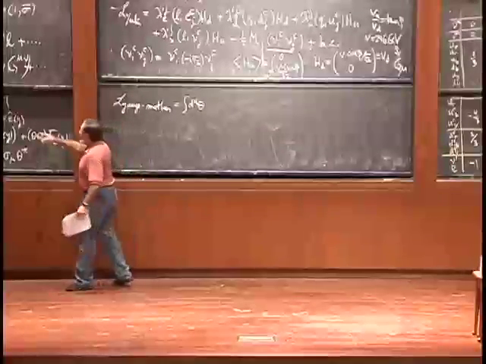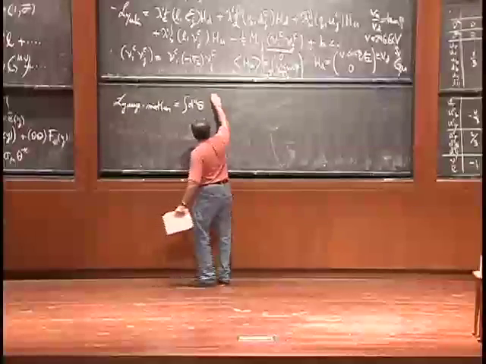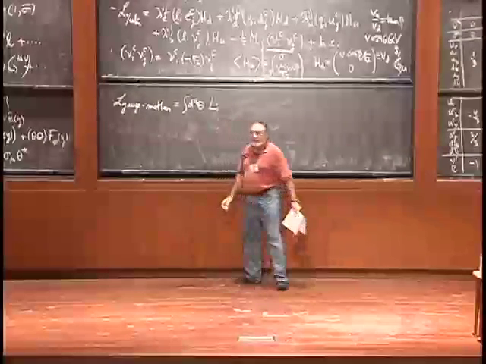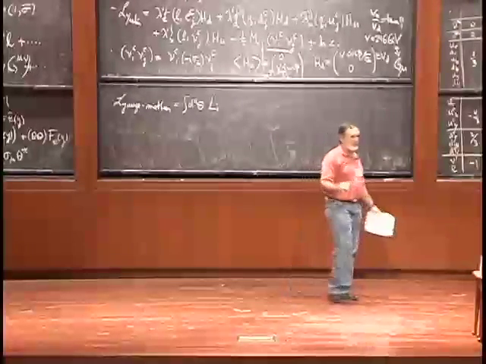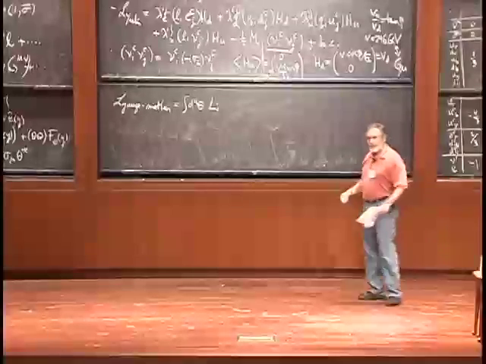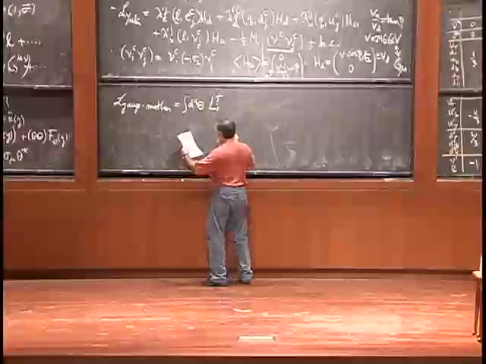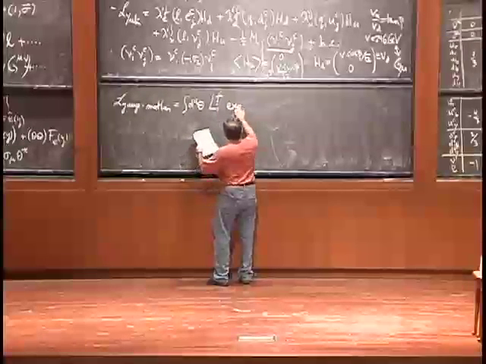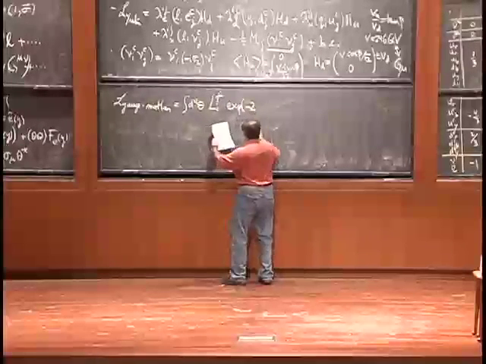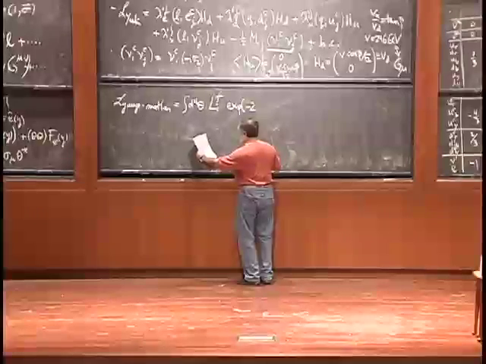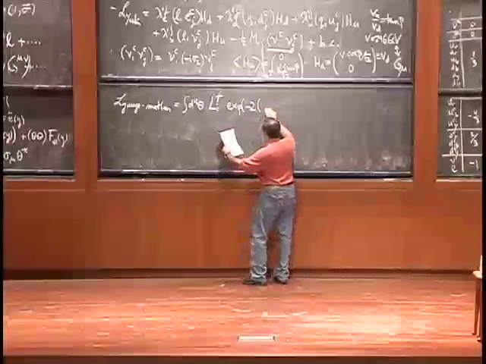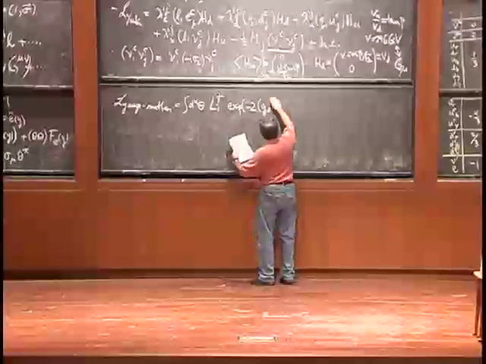For the leptonic doublet, instead of little l, we now have a superfield, capital L, which is a function of theta and y. We take its Hermitian conjugate. We multiply it by exponential minus 2. And now we have a sum of terms. And I'll write down the full sum.